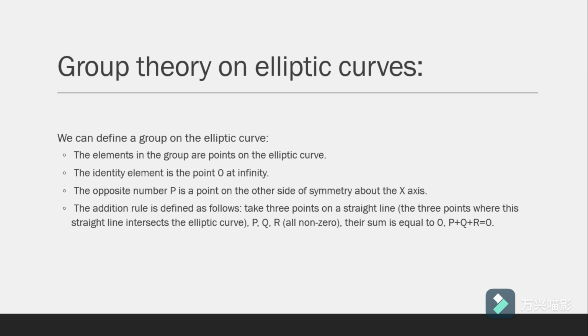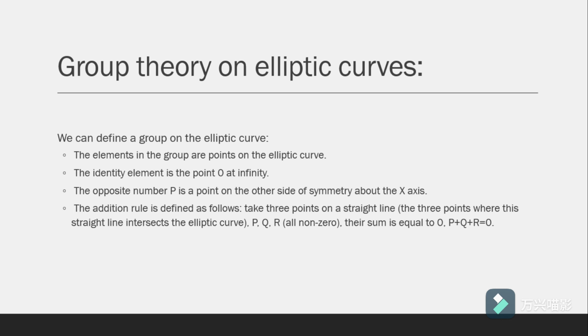Okay, now we talk about the group theory on elliptic curves. We can define a group on elliptic curves by these 4 points. First, the elements in the group are points on the elliptic curve. Second, the identity element is the point O at infinity.